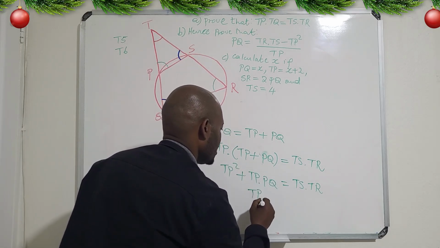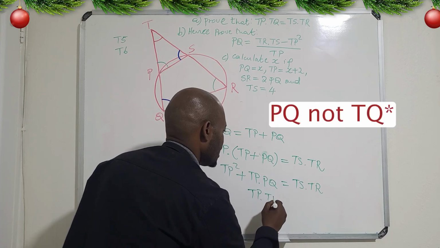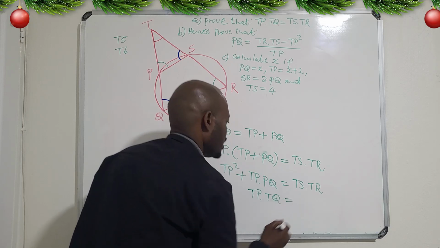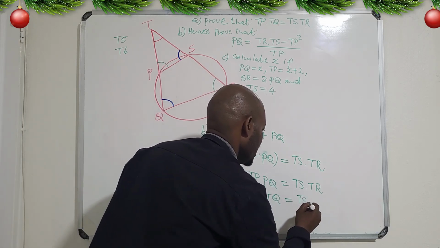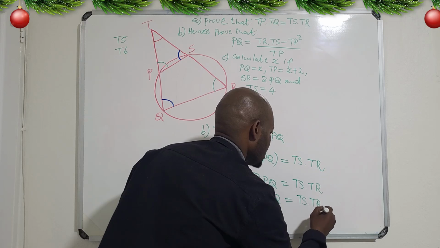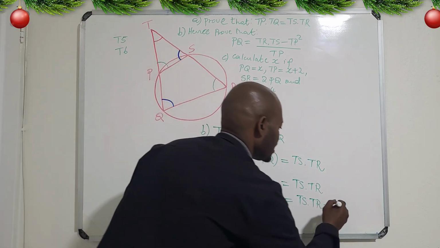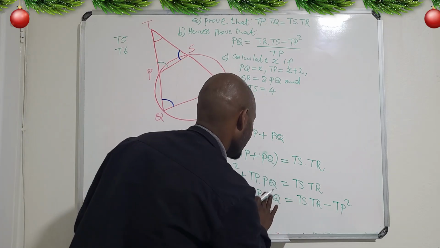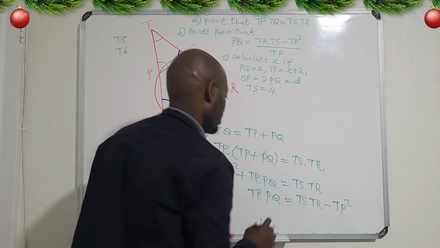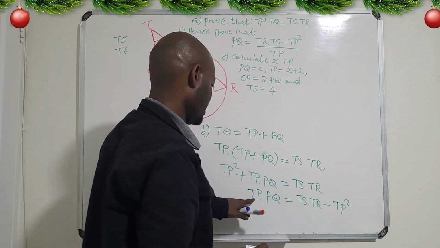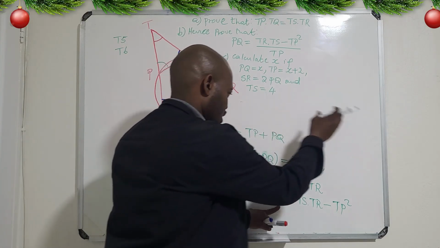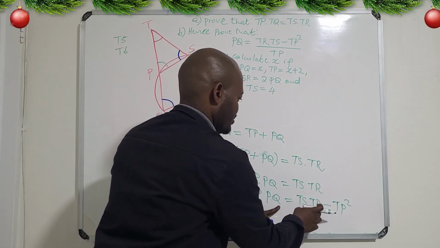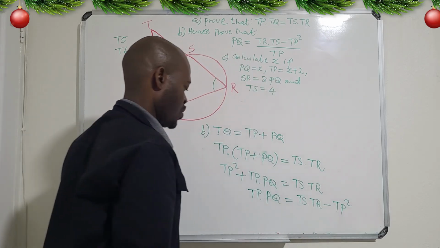Therefore, TP times PQ is equal to TS times TR minus TP squared. That is why it becomes TS times TR minus TP squared.